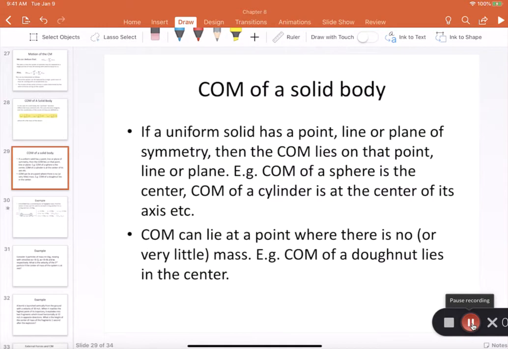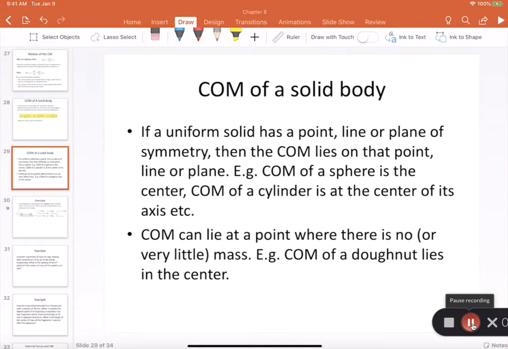The only thing that I'm going to mention is that if the solid object that we are considering has a uniform mass distribution, and if it also has a natural point of symmetry, for example a thin rod, then its point of symmetry is the center of the rod.